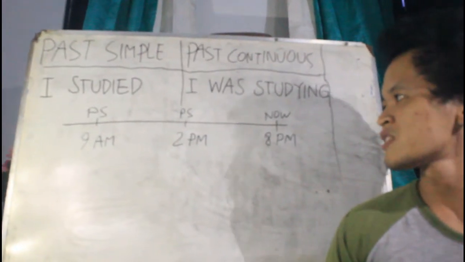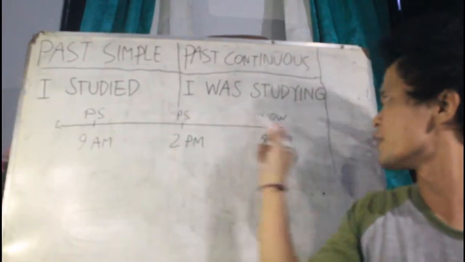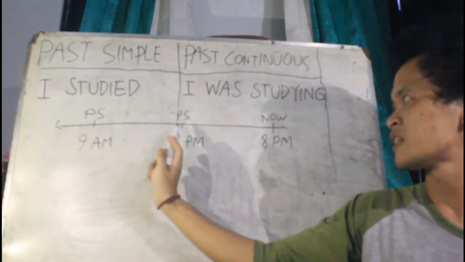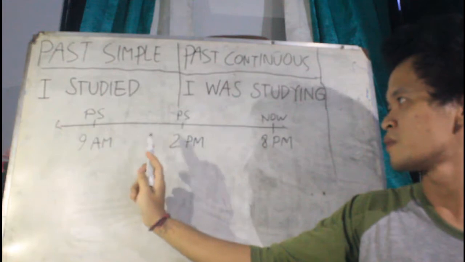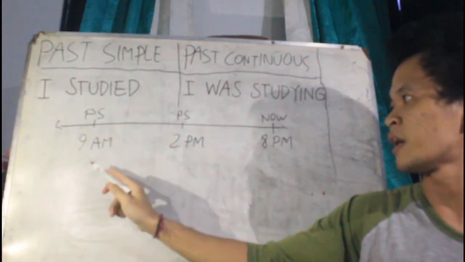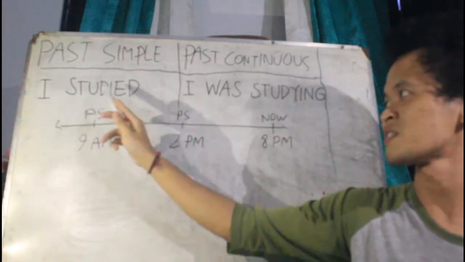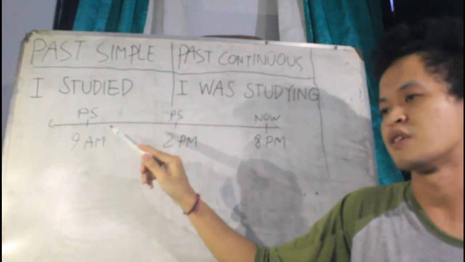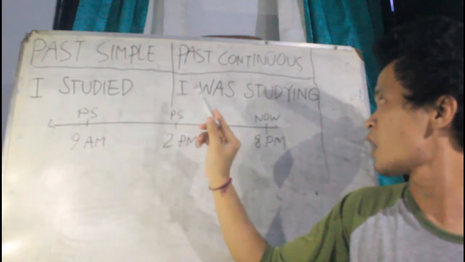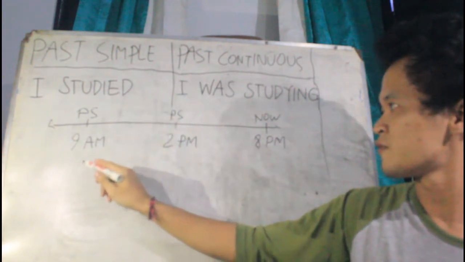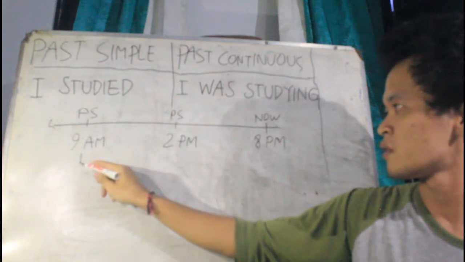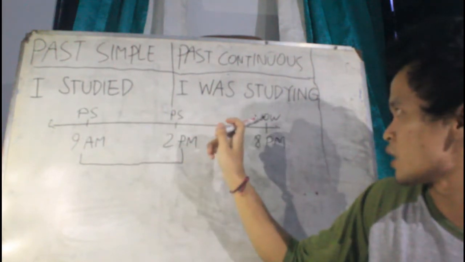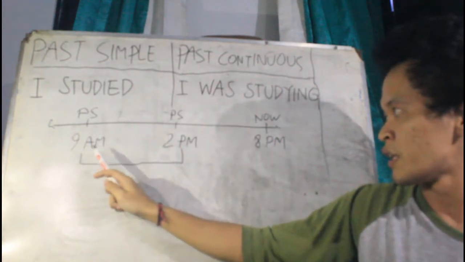Okay, let's take a look at the timeline here. So now is the present, and PS is the past simple. For example, I studied at 9 AM. It's a past tense because I studied. I finished studying at 2 PM. Again the past tense because it is finished. So "I was studying," or past continuous, runs from this one certain point into this one, exactly before the present time, 9 AM until 2 PM.